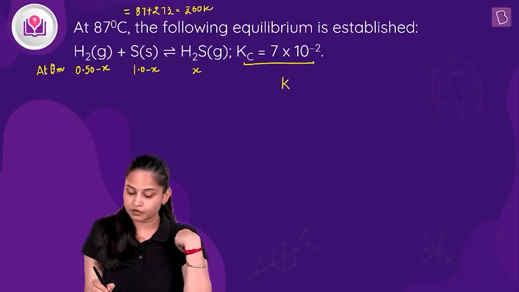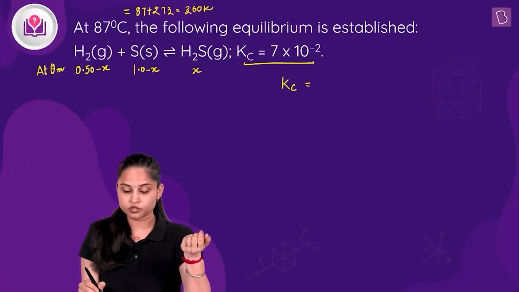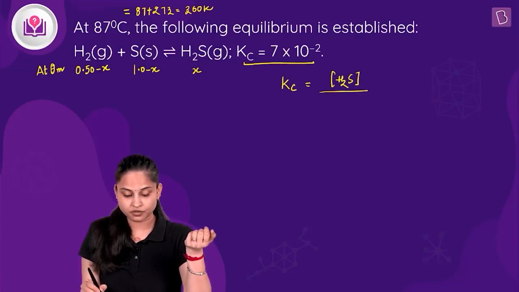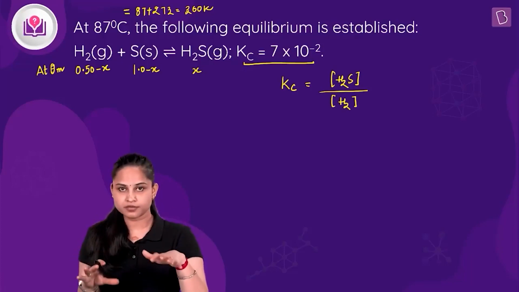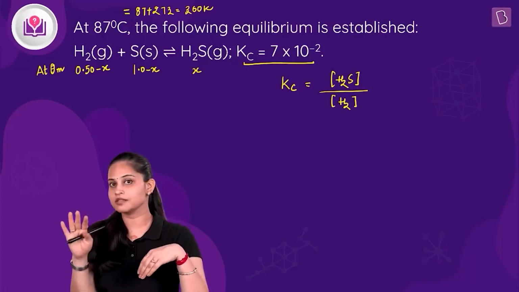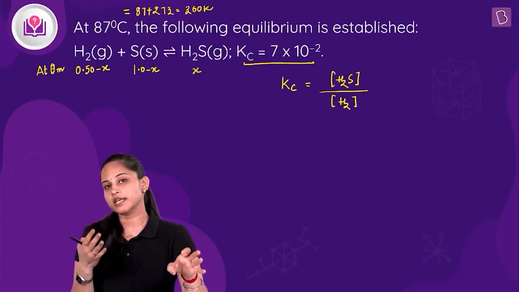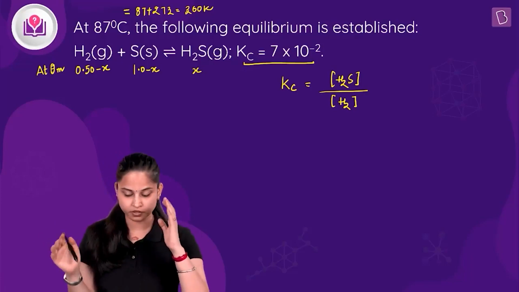Now if I talk about Kc, the equilibrium constant, it equals the product concentration H2S divided by the reactant concentration H2. They are in the gaseous state, so I'm taking them. But sulfur is in the solid state and for it the concentration term is equal to 1. The activity coefficient value for things in solid state is considered to be 1. So we ignore it. No issues.